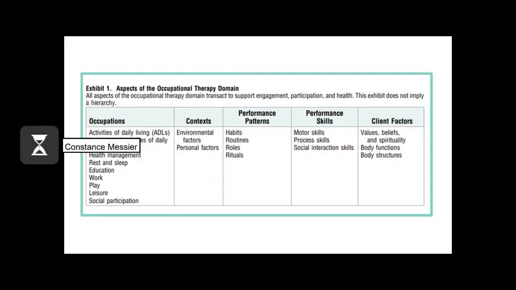Your textbook was sharing information from the OTPF3. We currently are practicing in the OTPF4, so I have chosen to include information directly from the framework document, and this is directly from the OTPF4. And it tells us the domain, which I highlighted on the other slide, are occupations, context, performance patterns, performance skills, and client factors.